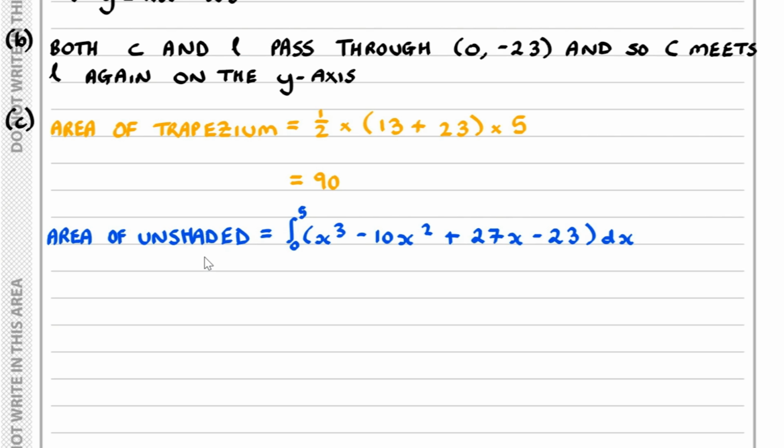So, if we work out what this is, we have 1/4 x to the 4 minus 10 over 3 x cubed plus 27 over 2 x squared minus 23x, which needs to be evaluated in between 0 and 5.